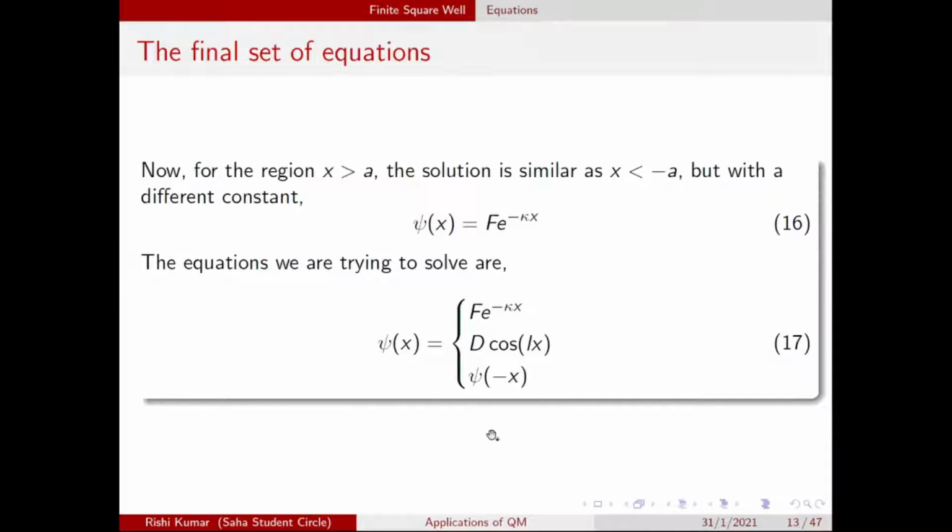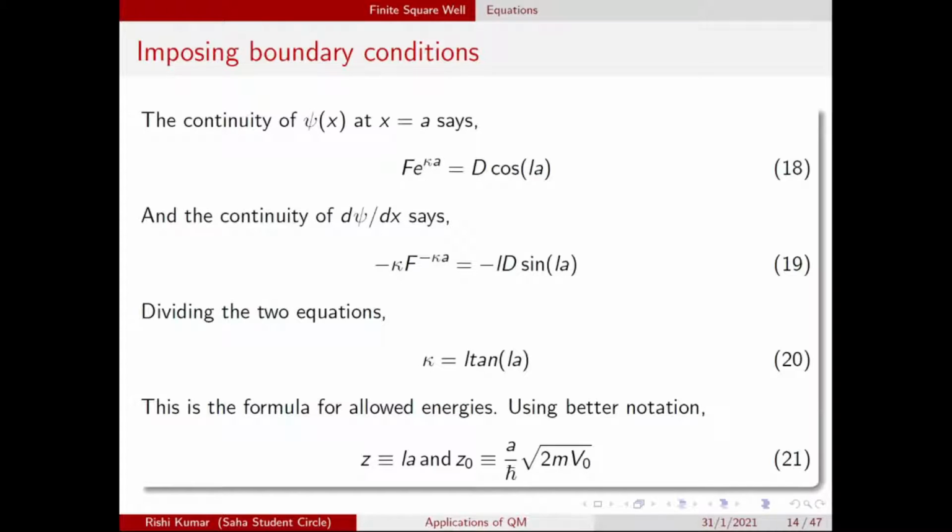All right, so far I've not solved any equations here. We just have this small collection of equations right here. And after this, we are going to solve these three equations using a similar step that we used in our infinite square well potential, using boundary conditions.